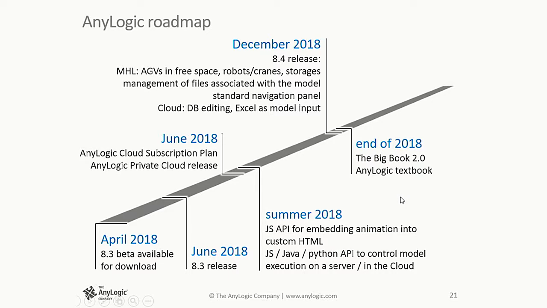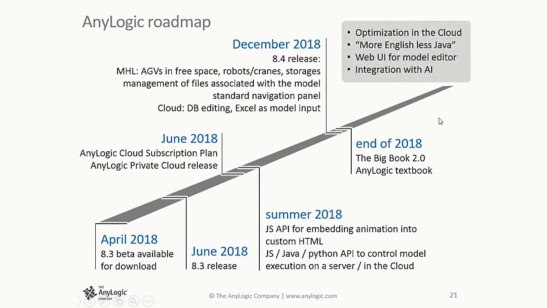Okay, so, more distant future. You may have noticed that there is no optimization in the cloud. We will be adding a good optimization engine to the cloud. We have a kind of research project which is more English, less Java.